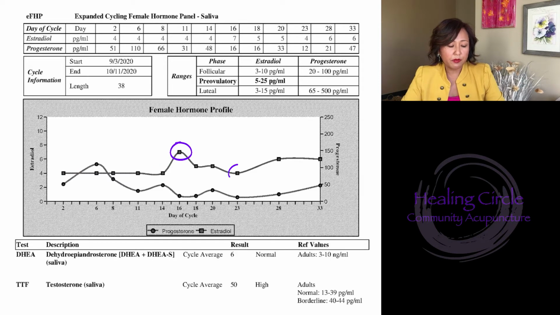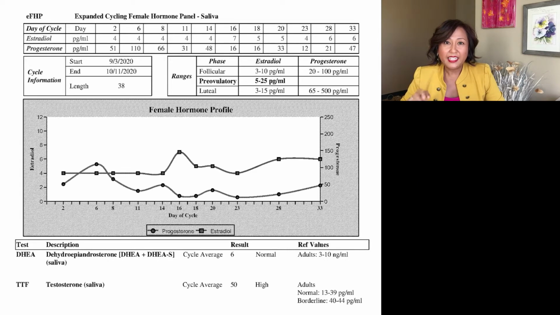Her progesterone level was really interesting. It started off at 51, and then for some reason it spiked up to 110. If you look at the classic textbook case of how progesterone should behave in the follicular phase, it should be going on low and then go up after ovulation. So something is going on with the endocrine system, not communicating and not giving the signal to release a hormone properly.